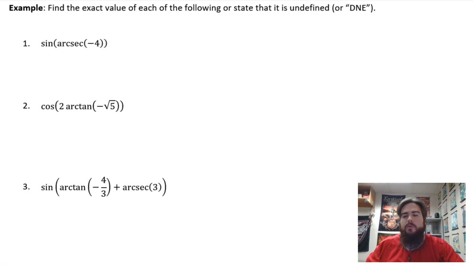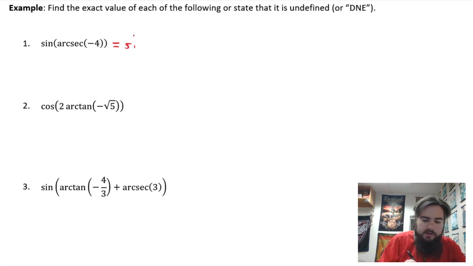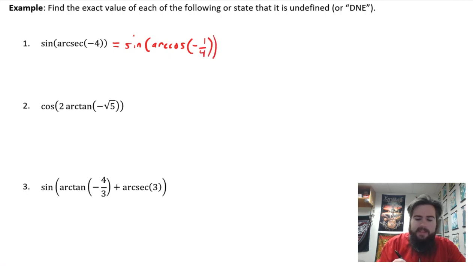Now, whether you're more or less familiar with arcsecant, the ratio of -4, or if we were to change this into sine of arccosine of the reciprocal of -4, so -1/4, that still is not a ratio I know.